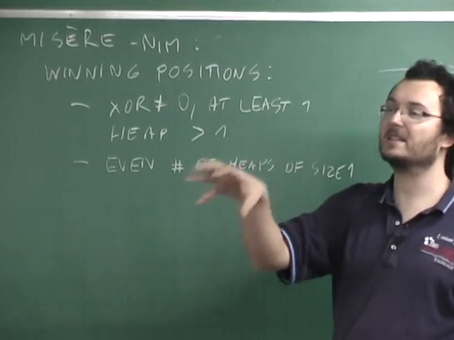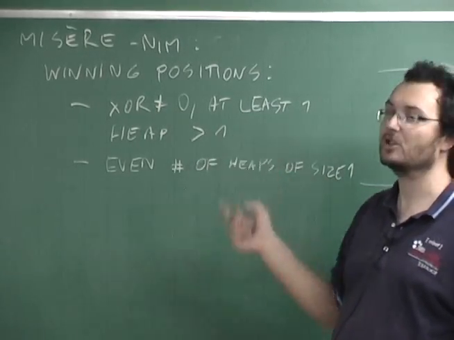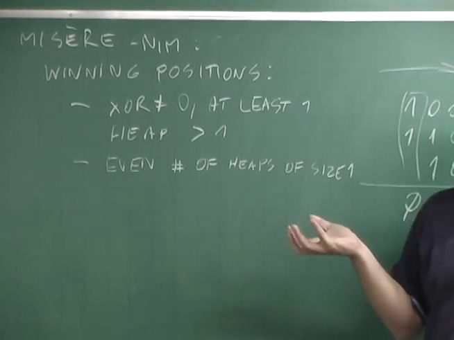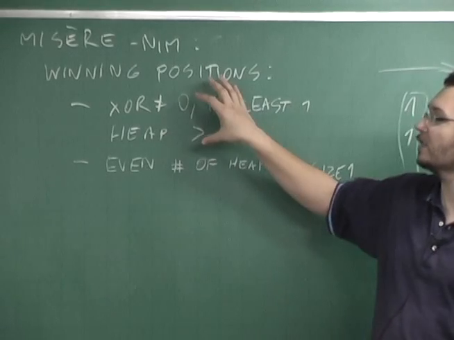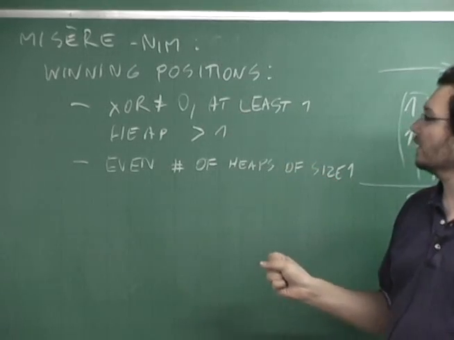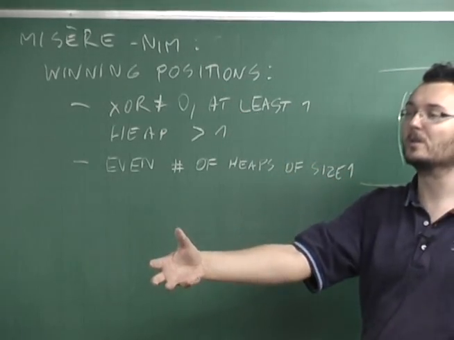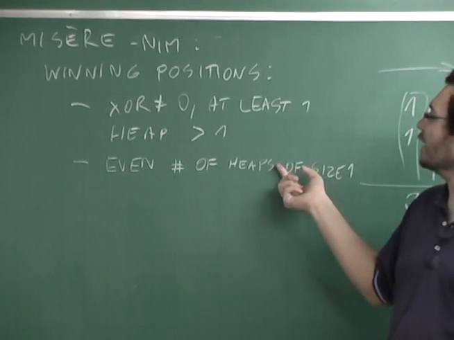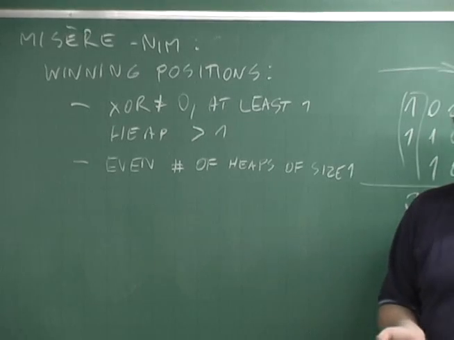And when I'm decreasing the last such heap, and it has to be me who decreases it because of being in the winning position in the original game, I will do the move that will change the parity of heaps of size 1, and then I will win by default.